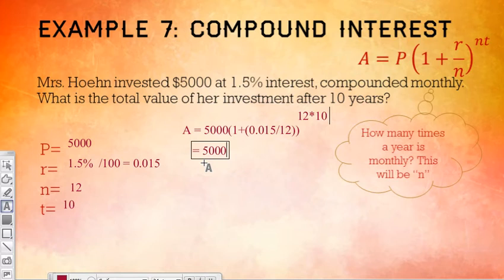So if I simplified first just slightly, this would turn into 1.00125, and then it's gonna all get raised to the 1/20th power.